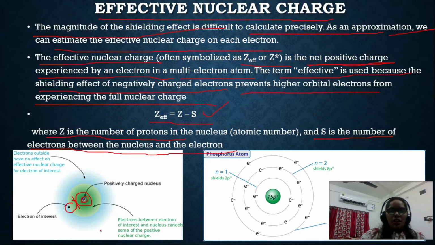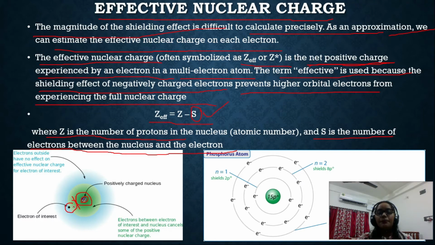Look here, this is the inner orbital, this is the outer orbital electron. Consider that for this electron we are determining the Z effective. First of all we have to check how many protons there are. And what is the value of S?